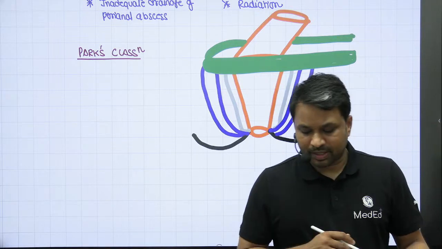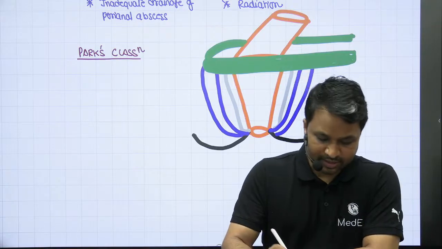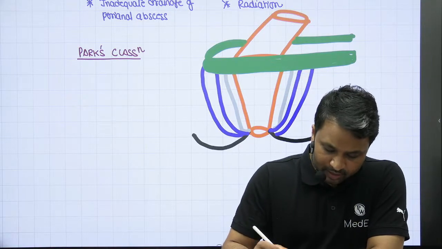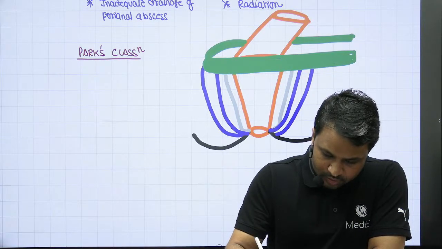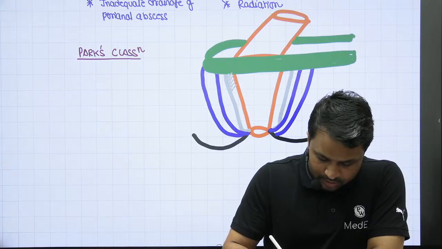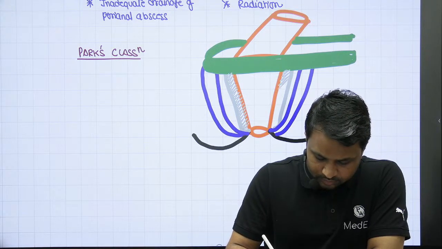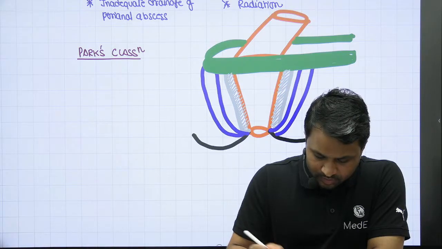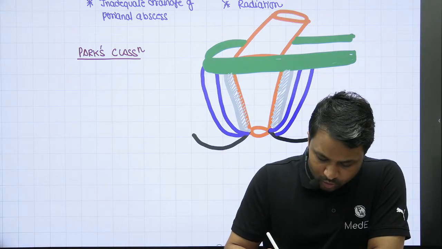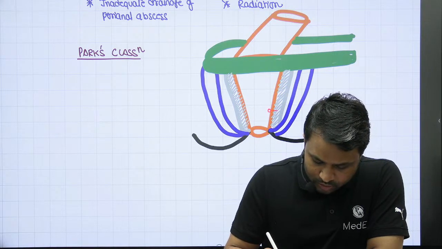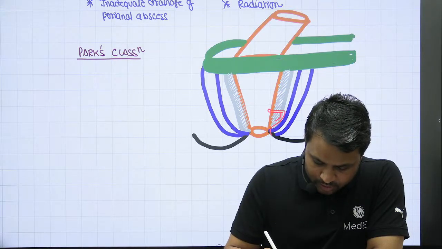According to the Parkes classification, there are different variants. In the type 1 variety, you see there's an inner opening here. It goes through the internal anal sphincter, travels between these two and opens onto the perianal skin.